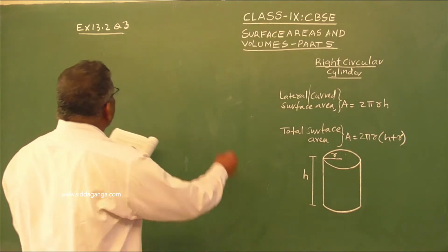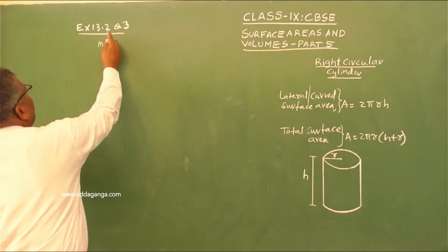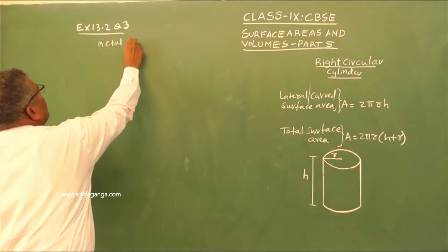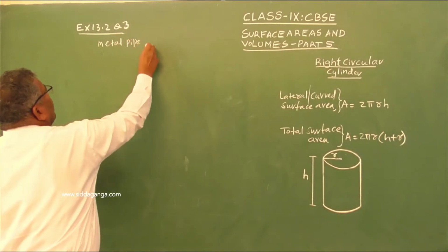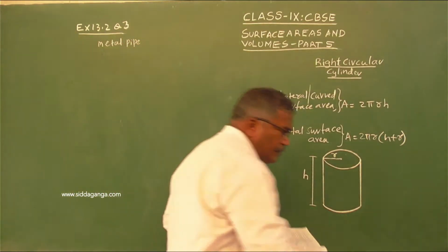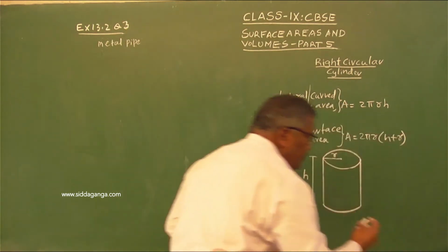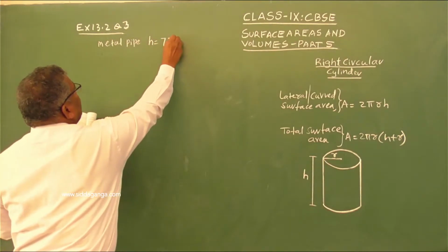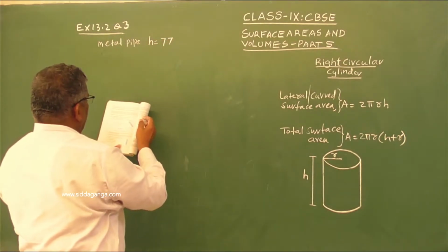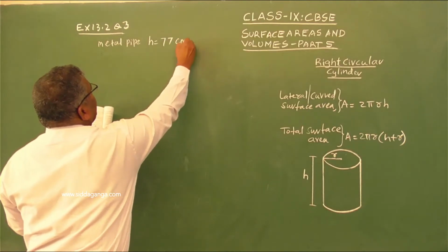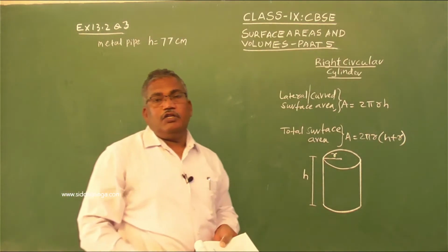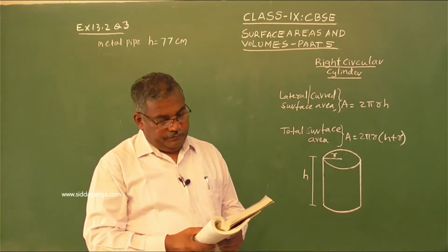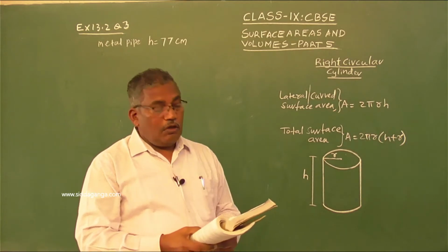A metal pipe, h equals 77 centimeter. So always read the question carefully and record the given data, then you will be able to solve the problems.